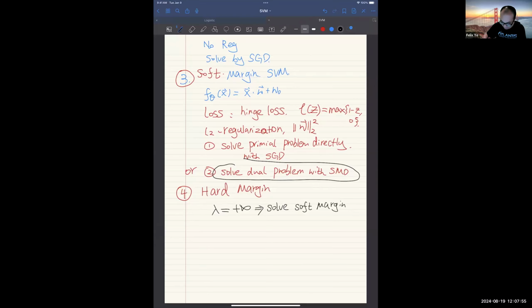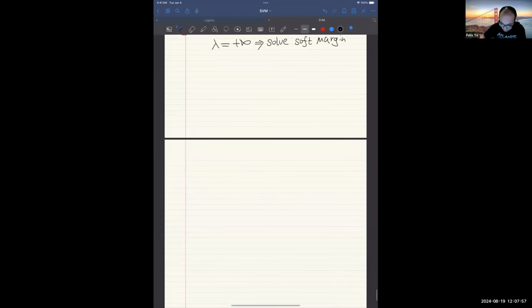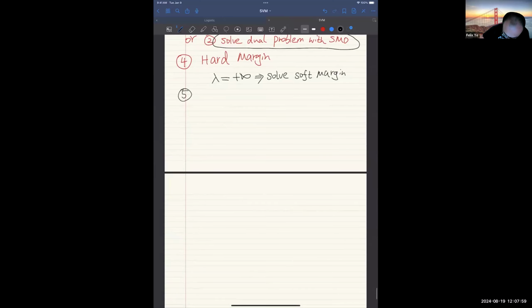All right, so at last we have kernel SVM. For kernel SVMs, this f theta of x is actually phi of x times w plus w0.